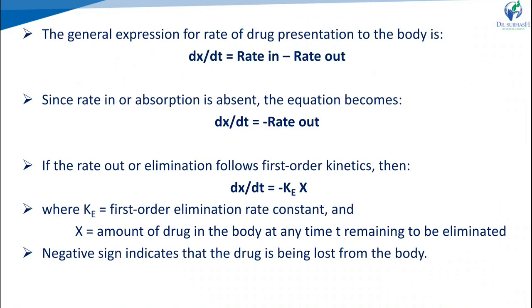The general equation for the rate of change of drug in the body is dx by dt equals rate in minus rate out.